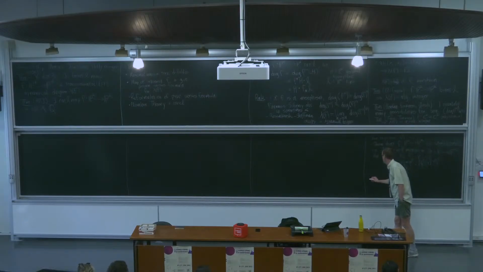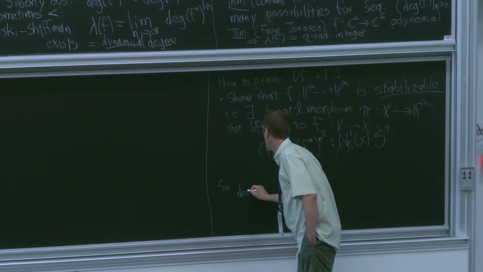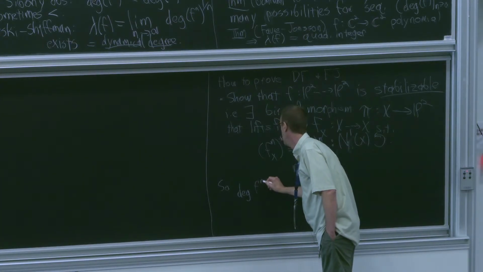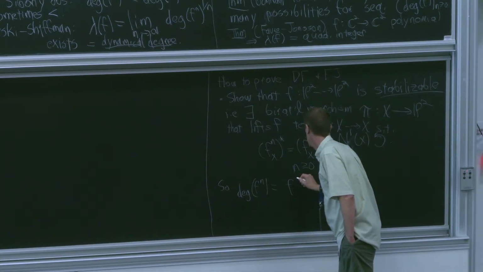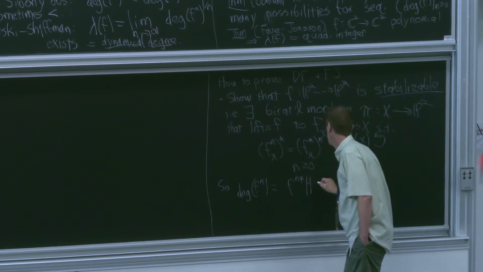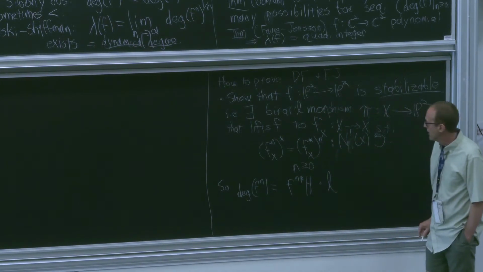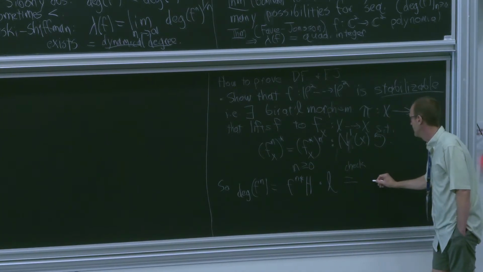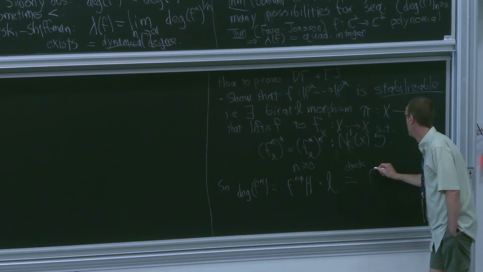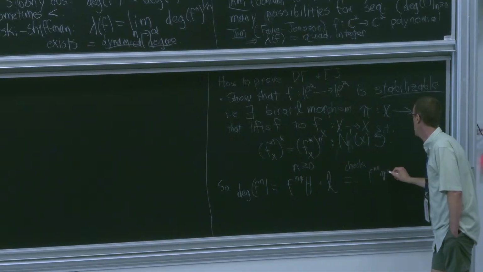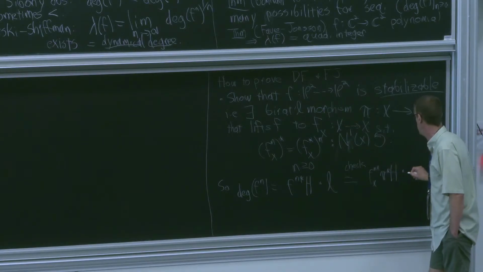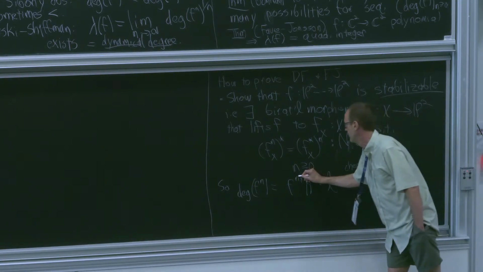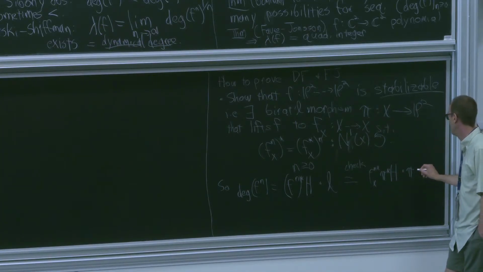So how does this help? Now, what was my formula for the degree? The degree of f to the n is going to be, I'm going to pull back a hyperplane, and I'm going to intersect it with a line. And then what you check is that that is the same thing as, I should put parentheses here, but I need no parentheses there.